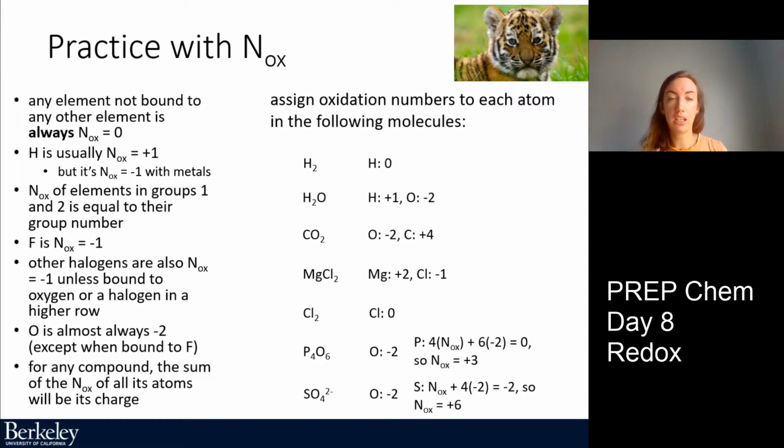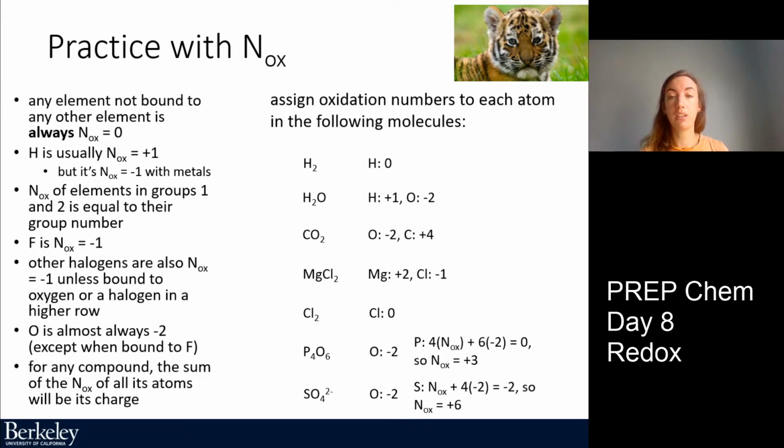So if you wanted to think about the oxidation number of CO2 or MgCl2 or any of these compounds, the total is going to be the charge, which is 0. And then you're really just going to sum up the oxidation numbers of the various atoms. And that, by the last rule, is going to get you the charge.